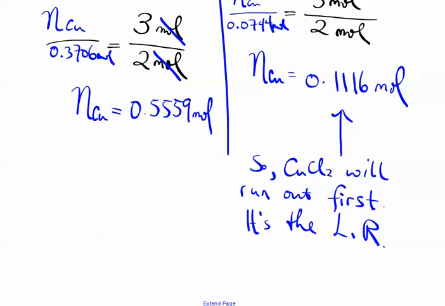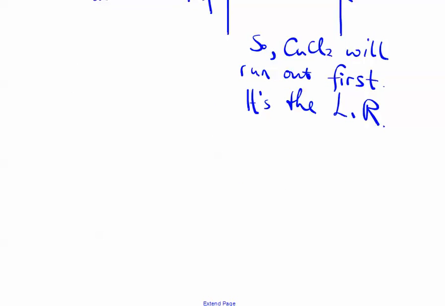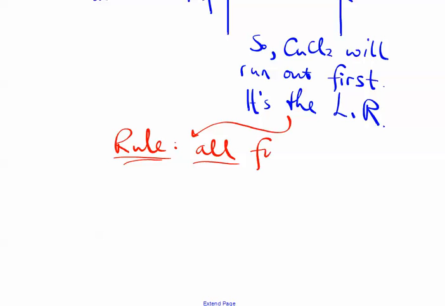Now, here's the rule, and it's very important. All future calculations have to be based on copper 2 chloride.